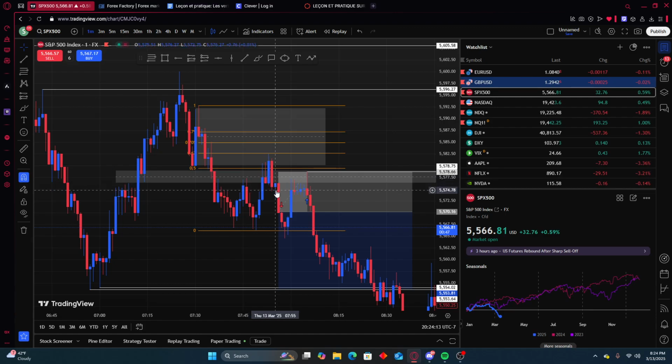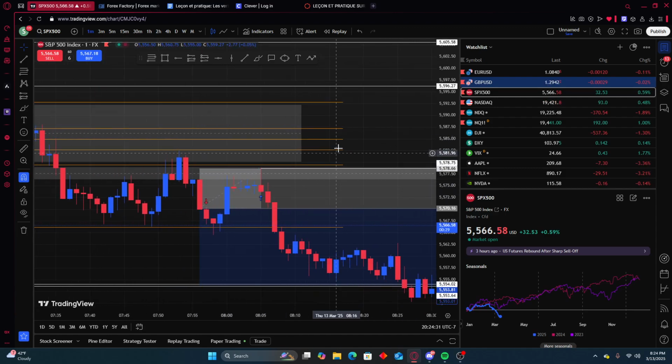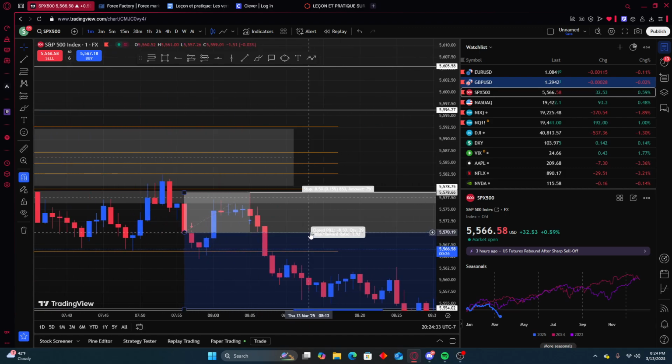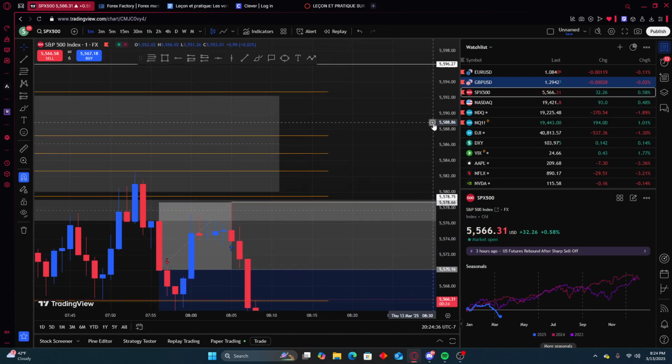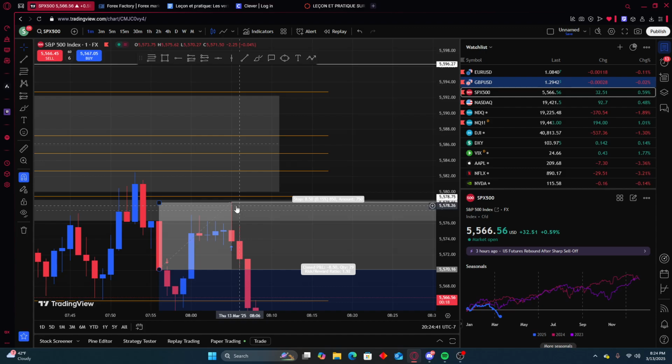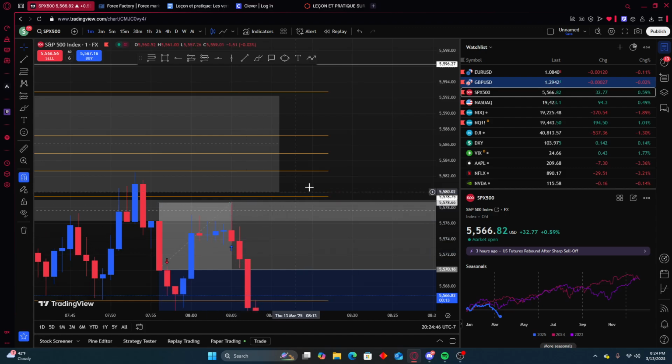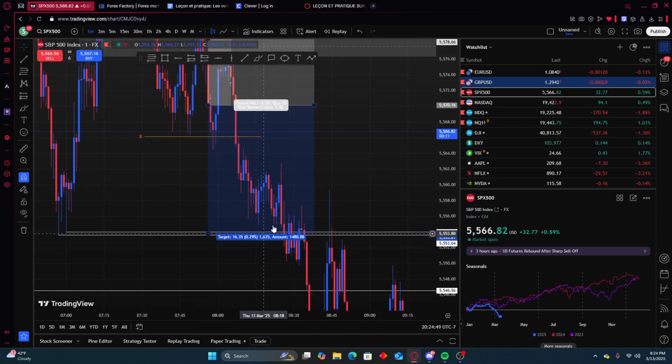I was going to wait for this break of structure, but I wasn't sure if price just wanted to go down to this fair value gap, so I waited until price went all the way down here, and then I executed right when that candle ended. I happened to place my stop barely, right where the wick. It really wicked me out, and then price fell all the way to my take profit.